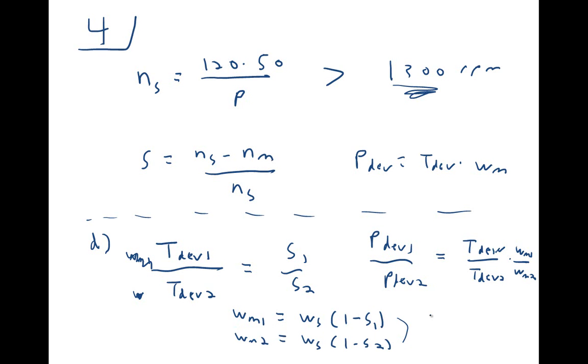So if I take their ratio, omega m1 over omega m2, then that has to be equal to, well, the omega s's cancel, 1 minus s1 over 1 minus s2.